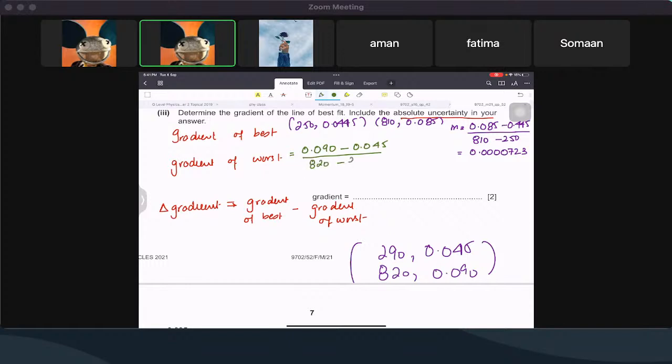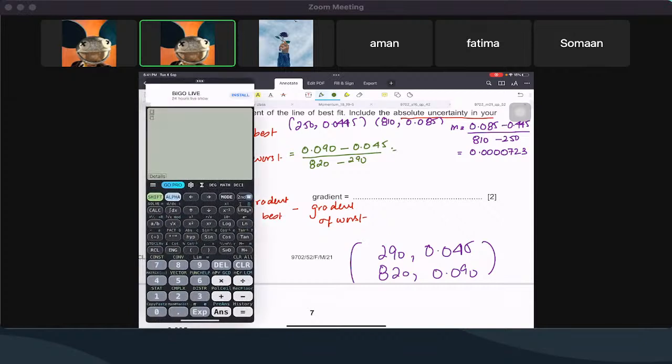So this is going to be 0.0000849, and I'm going to take 3 significant figures, the same as before.